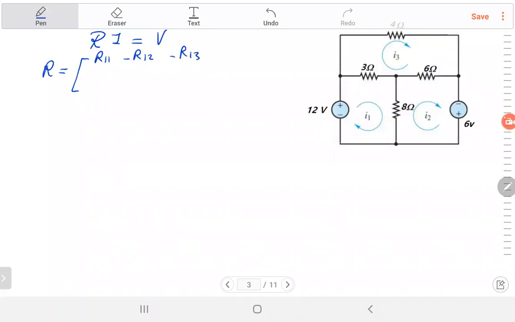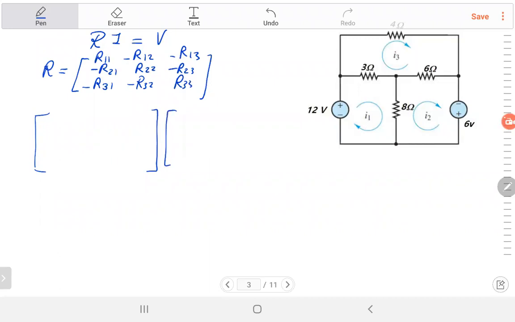I'm writing a 3 by 3 matrix because I have three loops here, three meshes. So minus R21, R22, minus R23. The last one, minus R31, minus R32, R33. Then that's the R matrix. That's the I vector, I1, I2, I3, and that's the voltage vector V1, V2, V3.